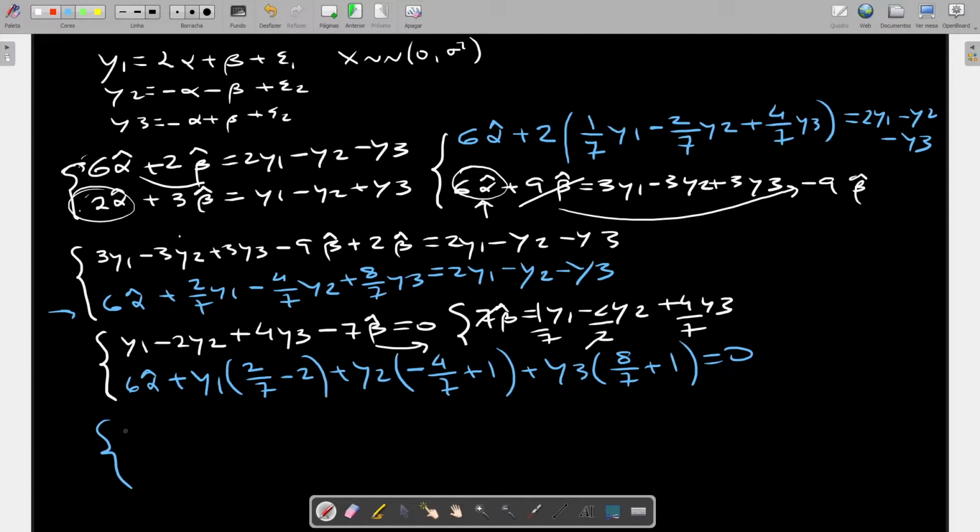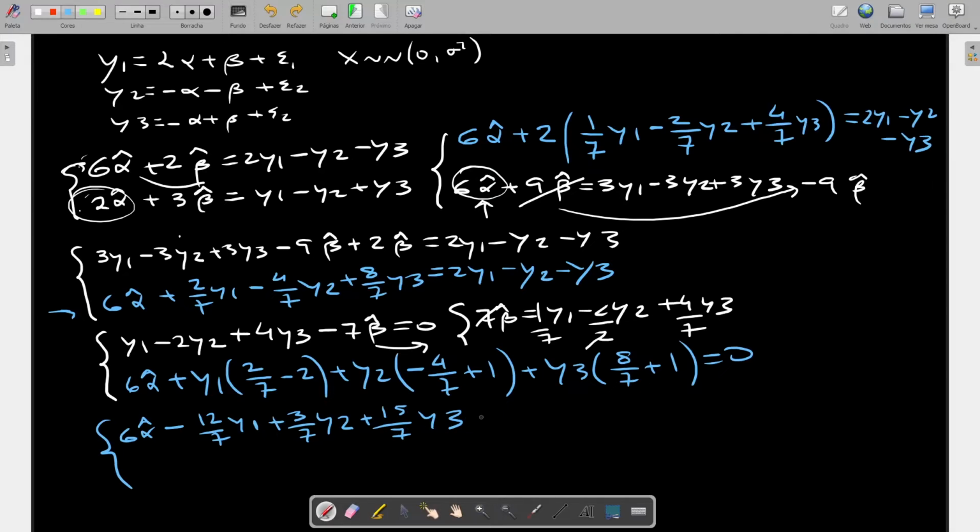So we have 6 alpha minus 12/7 y1. Now what we have here, so we have 7/7, which is 1, minus 4, so it's plus 3/7 y2. And for this last one, it's 7/7 plus 8, that's 15. So we have 15 divided by 7 y3.